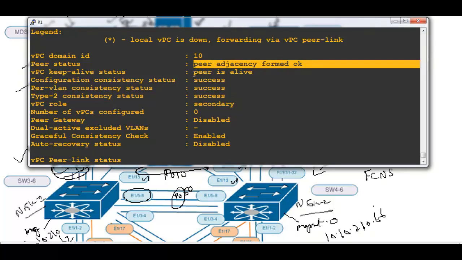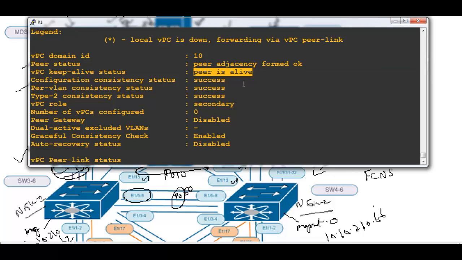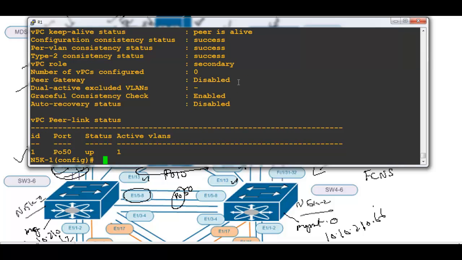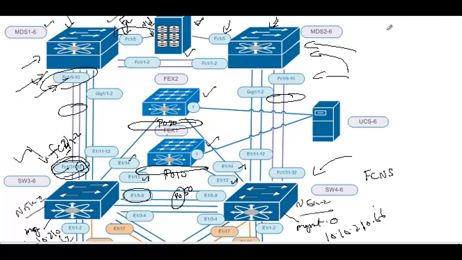Adjacency is formed. Keep alive link is also alive. Domain name is 10. Next we need FEX. So we'll make FEX.